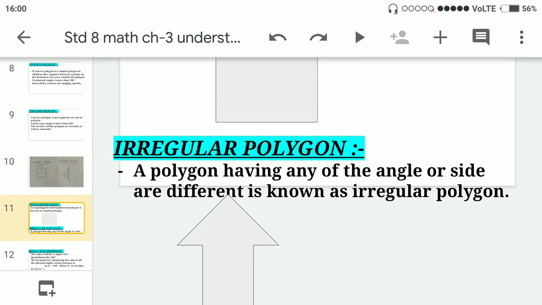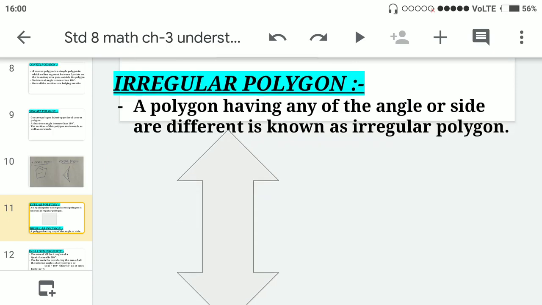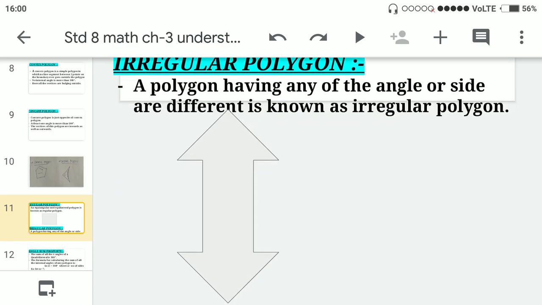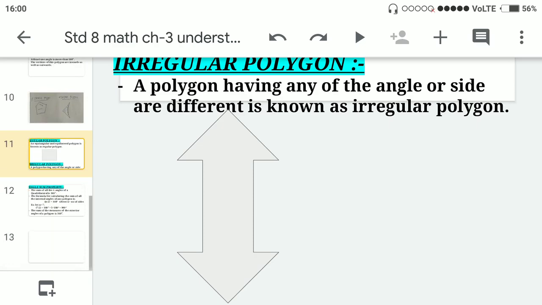Then move to irregular polygon. Irregular polygon means a polygon having one of the angles or sides different. Any one of the sides or angles must be unequal, that is known as an irregular polygon. In this figure also you can see that some of the sides are equal and some of the sides are not equal. So it is simply irregular in nature.